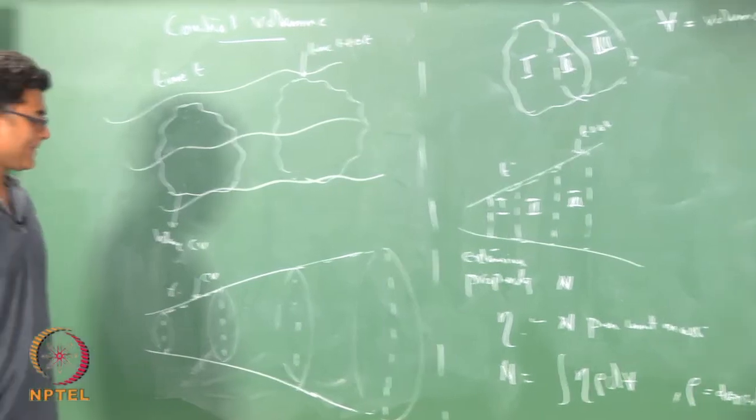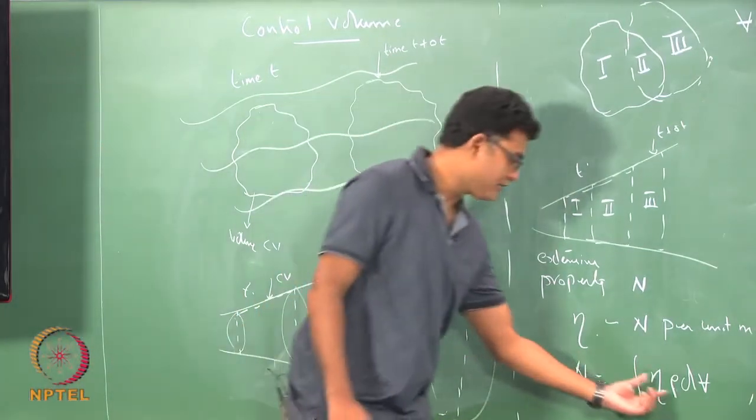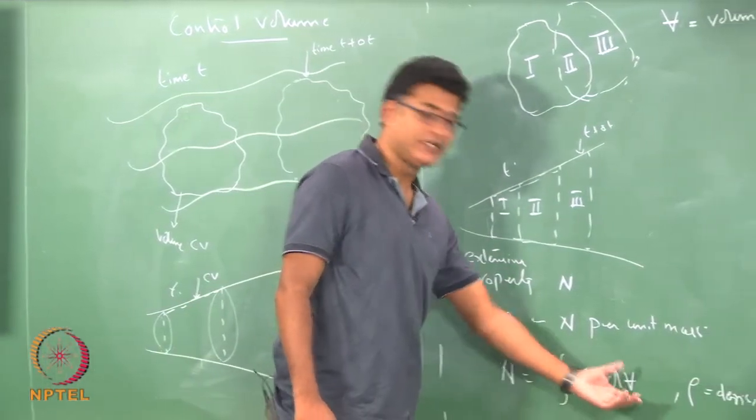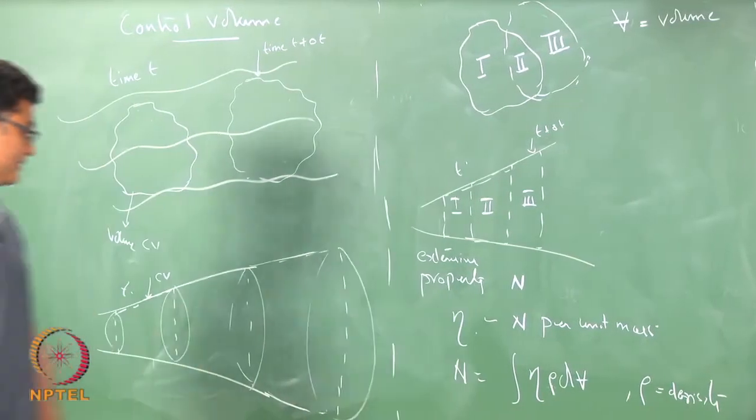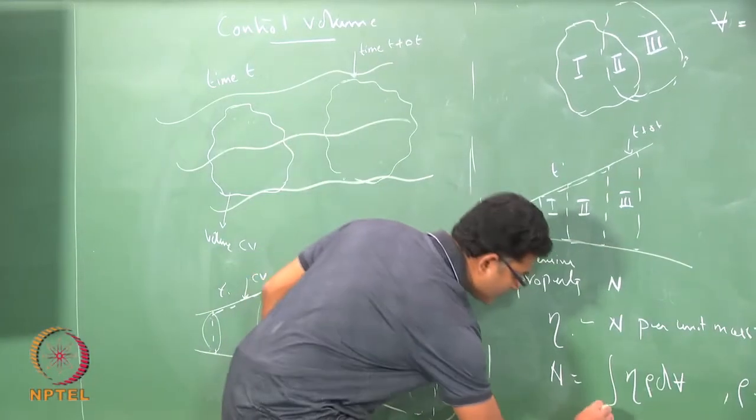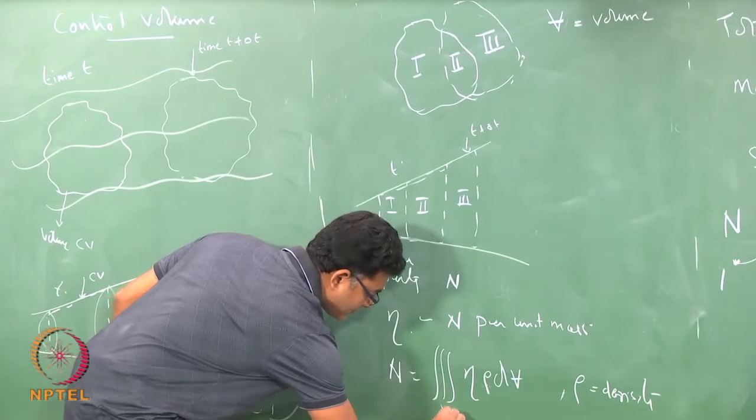So, essentially eta into dm, and density into volume is your dm, and this is integrated over the volume.